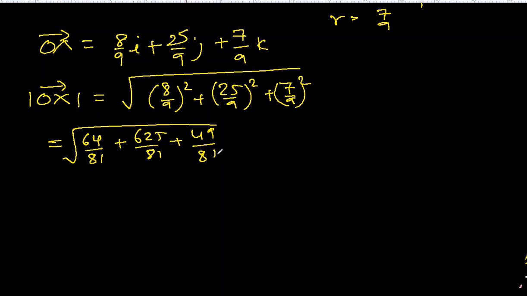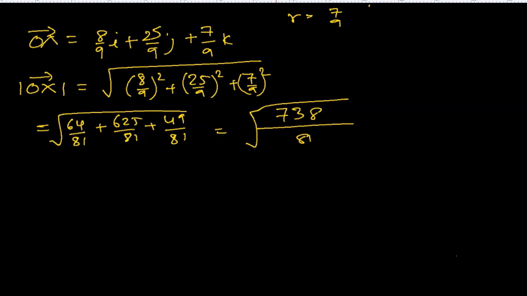Since 81 is common, we can take that as 1 and add the top 3. So it will be 738 over 81, and that is square root.